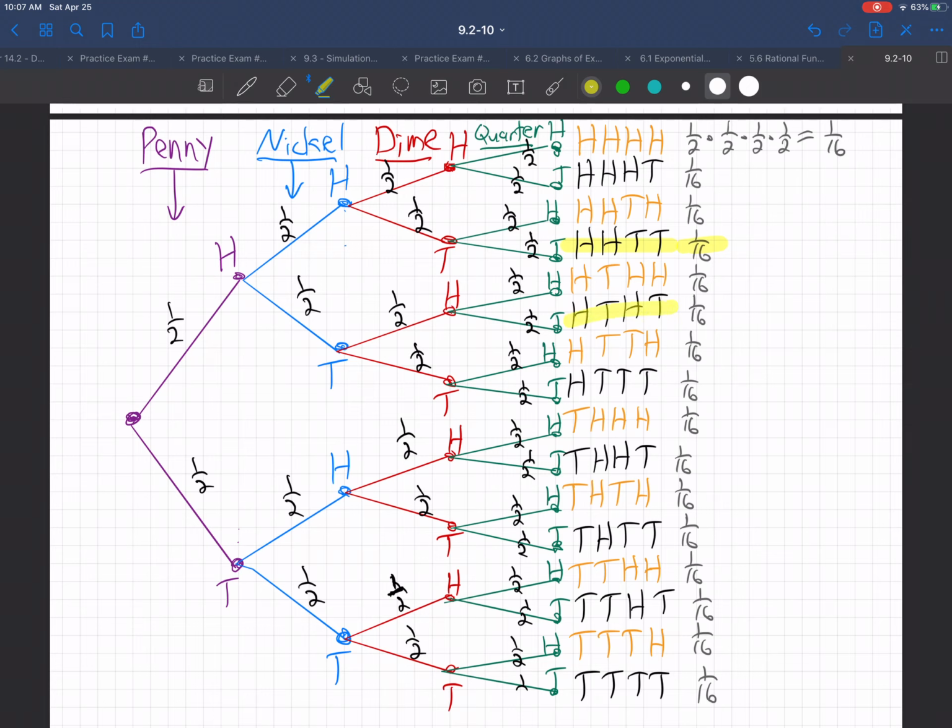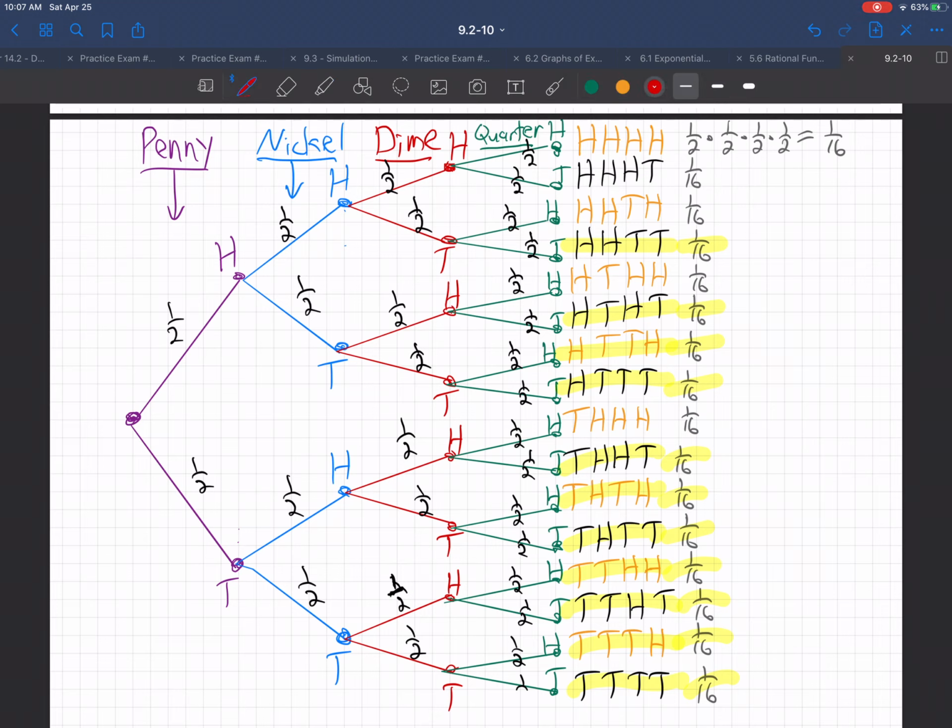The next one, 2 heads, 1/16. 2 heads, 1/16. 1 head, we'll take it. 3 heads, no. 2 heads, 1/16. 2 heads, 1/16. 1 head, that works. 2 heads, that works. 1 head, that works. 1 head, that works. No heads, we'll take it. So we're going to take all of those.